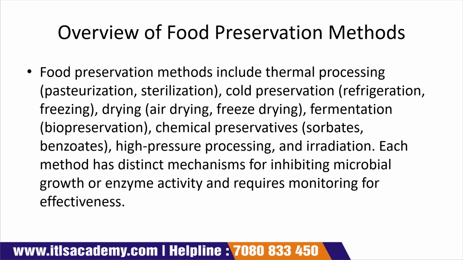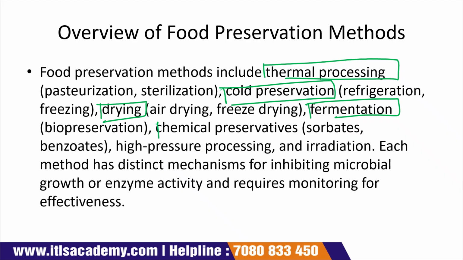Now the next is an overview of food preservation methods. Food preservation methods are divided into different techniques, like thermal processing, cold preservation, drying, fermentation, chemical preservatives, high pressure processing, and irradiation.